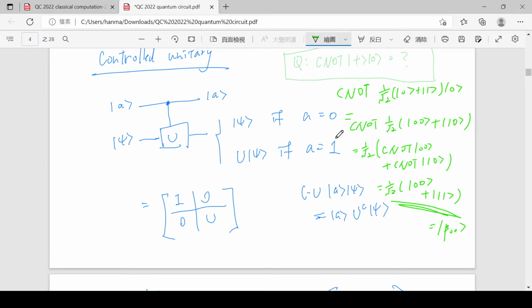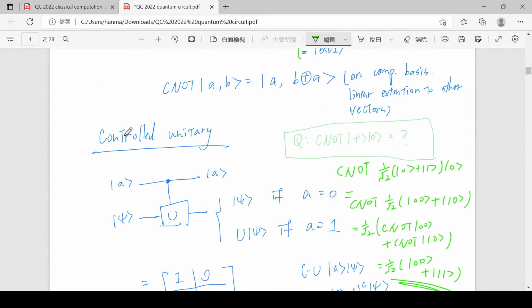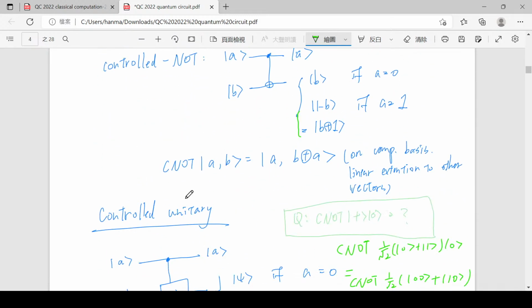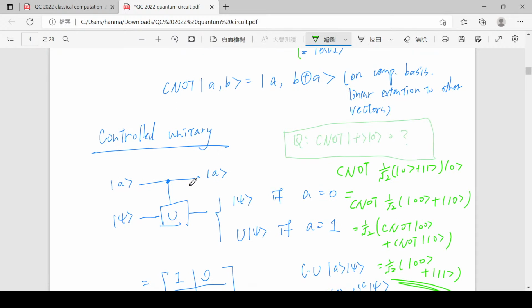Then let's talk about other 2-qubit gates. This control thing we can really apply to all sorts of different 1-qubit gates, so we can have a very general controlled unitary that will be a 2-qubit gate. Look at this gate: it's controlled on the first qubit, and you apply U on the second qubit.